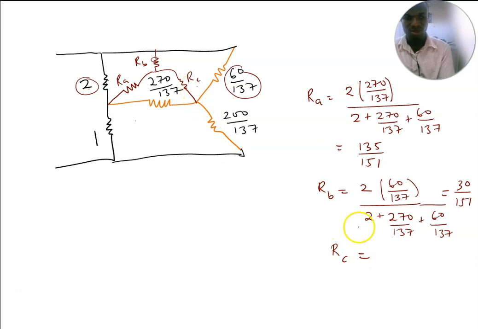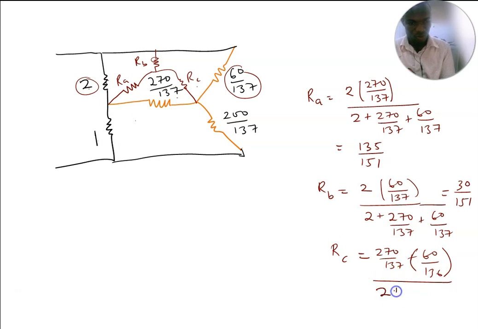What about RC? RC is here. So it's going to be the adjacent resistors, which are 270 on 137 and 60 on 137. So 270 on 137 times 60 on 137. Sorry, times, not plus. All on 2 plus 270 on 137 plus 60 on 137. So what do we get there?